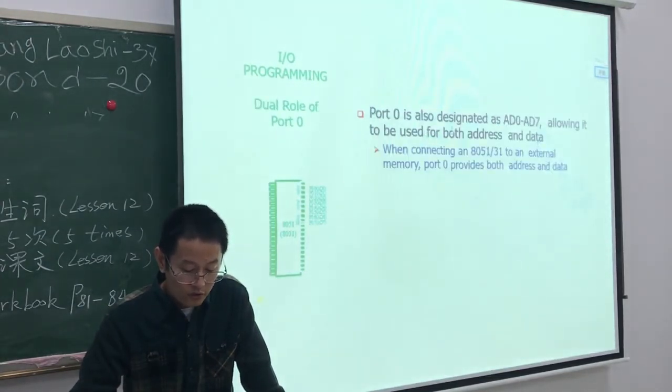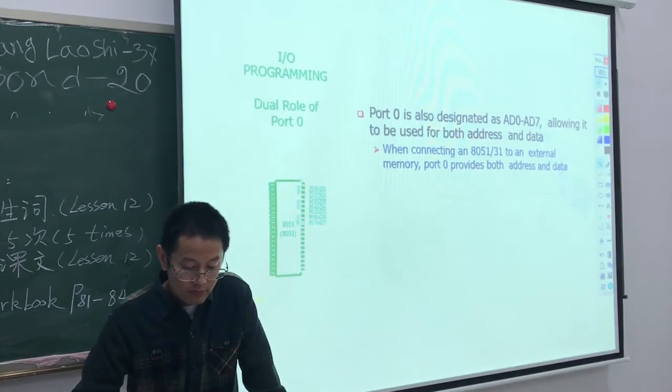Port 0 is also designated as AD0 to AD7, and it can be used for both address and data. When connecting an 8031 or 8051 to external memory, port 0 provides both address and data.